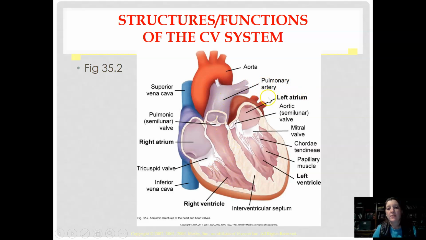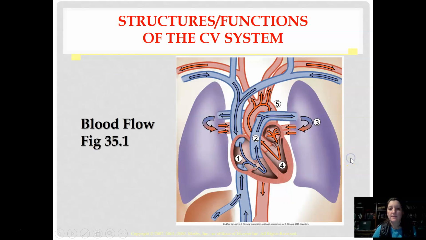Then it returns to the heart, comes into the left atrium, left ventricle, and then is pumped through the aortic valve into the aorta up to the brain and the arms and the legs. The aorta comes down behind the heart and then goes to the rest of the body, the lower extremities.